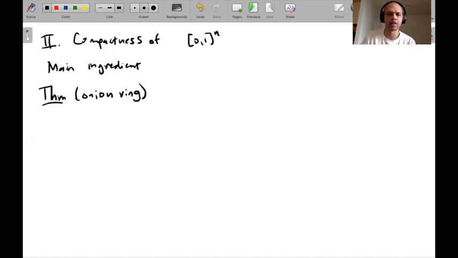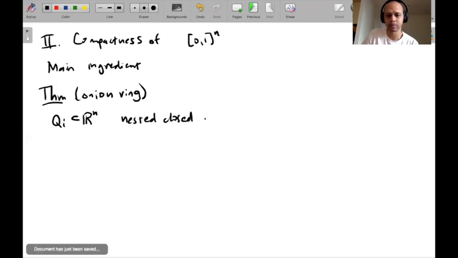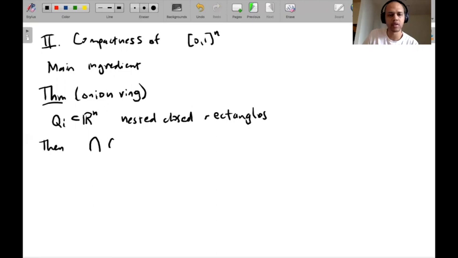And it says that if Qi in Rn is a family of nested closed rectangles, then the intersection of the Qi's is non-empty.